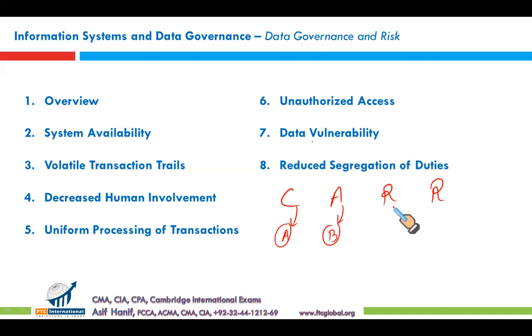Cash transactions must be recorded by person X and reconciliation must be made by person Y, which means custody of an asset must be with a separate person. Authorization related to that asset must be with a separate person. Record keeping of that asset must be with a separate person. And reconciliation of records and the custody must be made by a totally separate person. This is called segregation of duties. So this is possible in the real world.